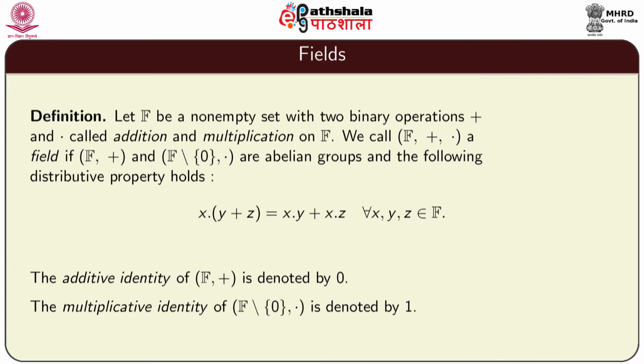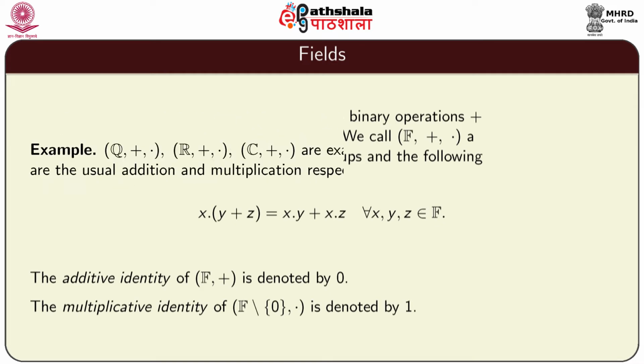So, just to summarize, F is a non-empty set, there are two binary operations and the structures (F, plus) and (F minus 0, dot) are abelian groups and the binary operations are related by the distributive property which you can see in the center. So, this is what is called a field. Let us now see some natural examples.